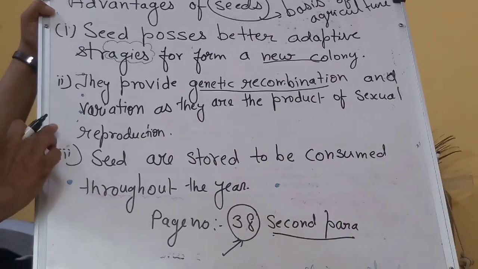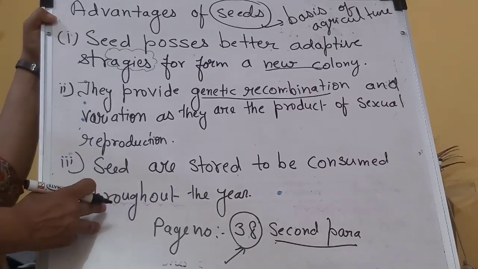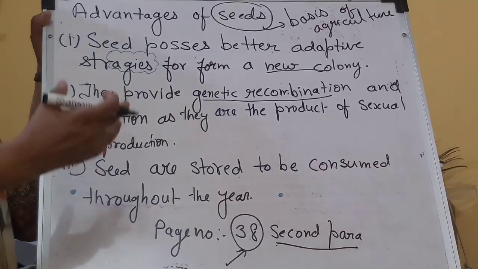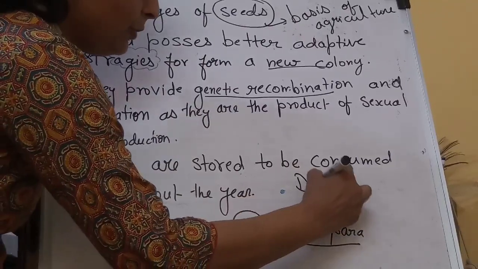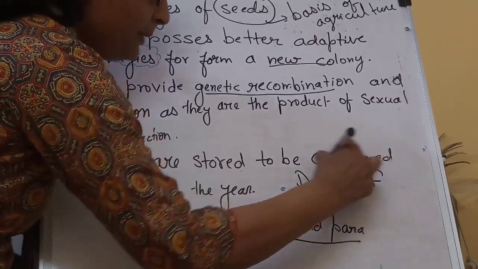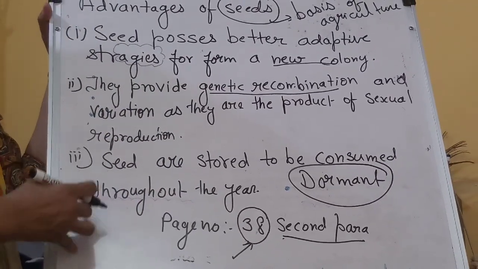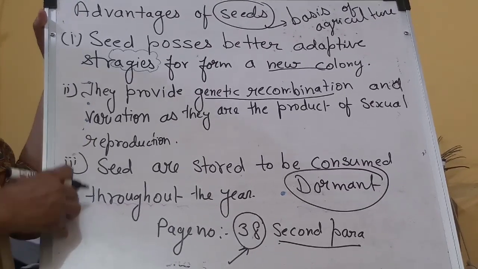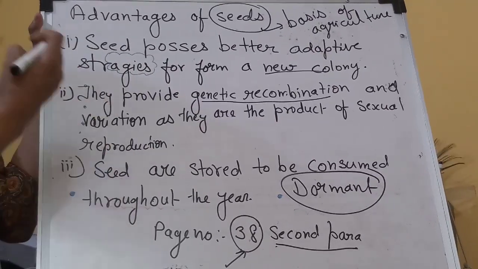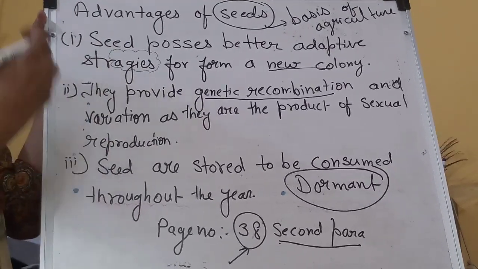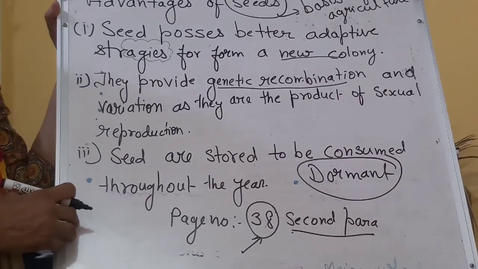Clear, students? The third thing about seeds is that they can be stored and consumed throughout the year. Seeds go into a dormant period, this word I think you know. When the seed does not get favorable conditions, moisture, water, air, it does not go into germination. So it can be stored throughout the year or for a long time, and that way we can consume it throughout the year.